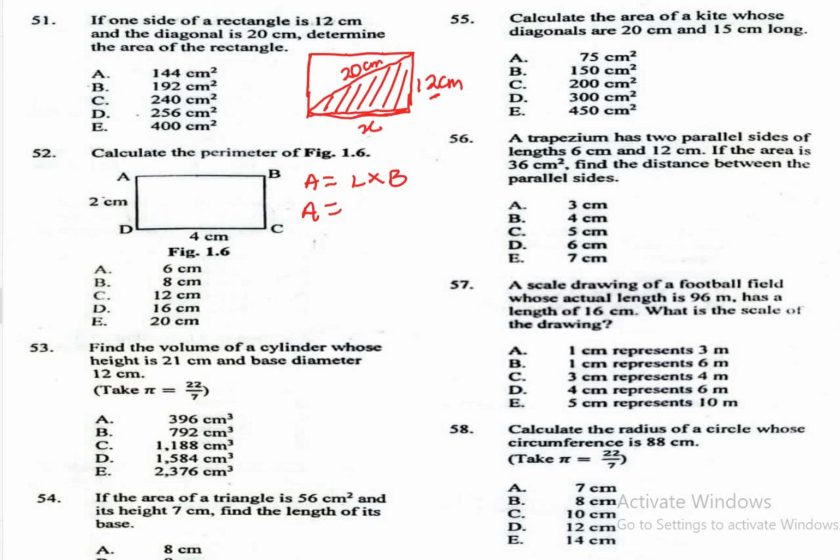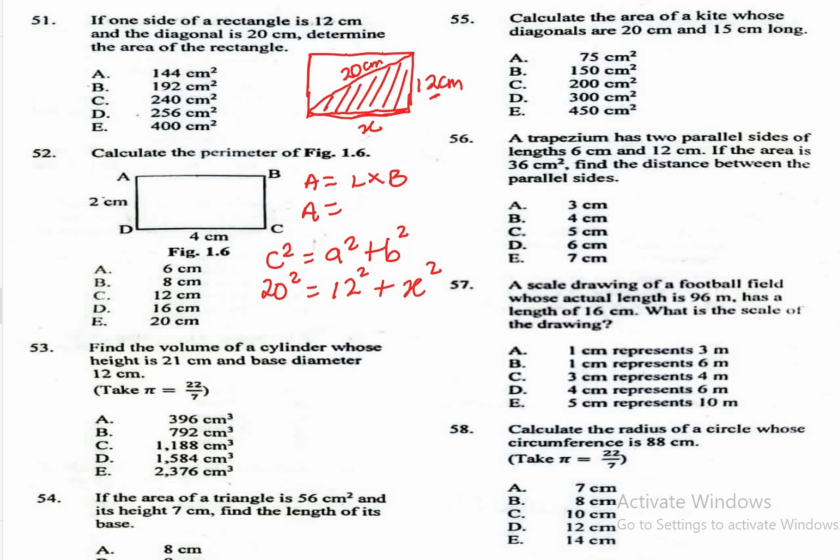Using Pythagoras theorem, we know that c squared is a squared plus b squared. The shaded part has given us a triangle. The hypotenuse, the longer side, is c, which is 20 squared, equal to one of the sides, 12 squared. The other side we don't know. X is what we are looking for.